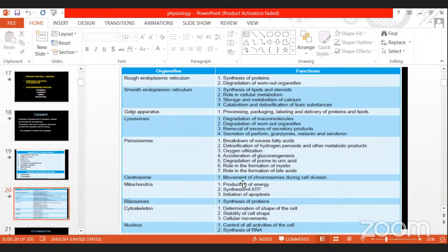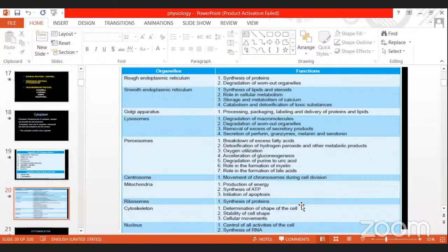And the next one is centrosome. Centrosome is in the center, and it helps in the movement of chromosomes during cell division. Mitochondria, we know, is the powerhouse of the cell, which helps in the production of energy, synthesis of ATP, and initiation of apoptosis.